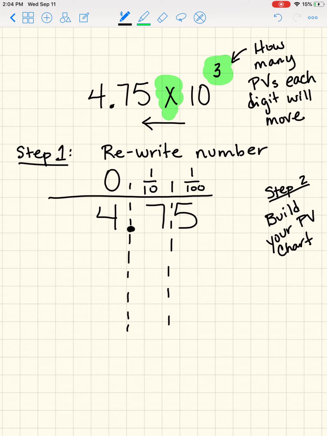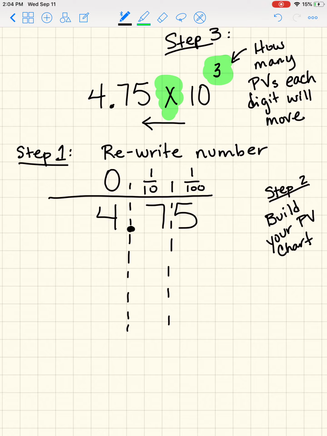Now in this case, they're going to be moving to the left. In a minute, we're going to be moving to the right. Okay, so that was kind of step 3. So step 3, okay, is just identifying the direction you're going in and exactly how many place values.